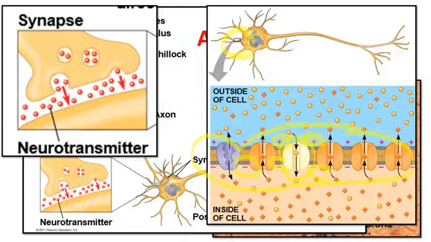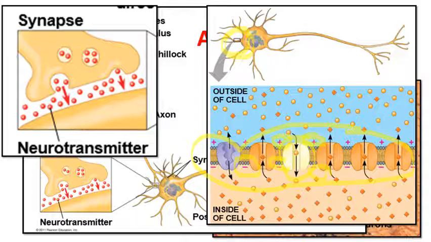So every time you move 2 pluses inside, you move 3 pluses outside. Eventually the inside of the cell will be slightly negative relative to the outside of the cell. Put another way, the outside of the cell will be slightly more positive than the inside of the cell because these membrane channels pumped more sodiums outside of the cell than they pumped potassiums inside of the cell.